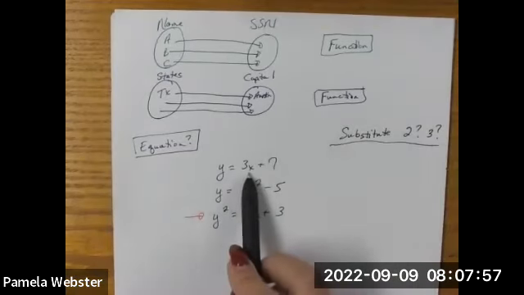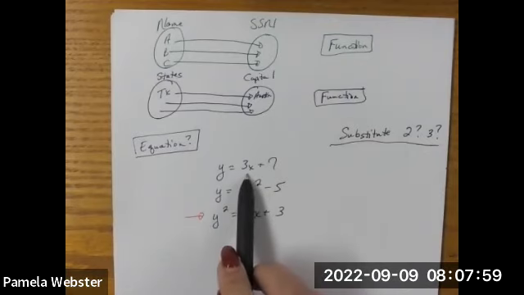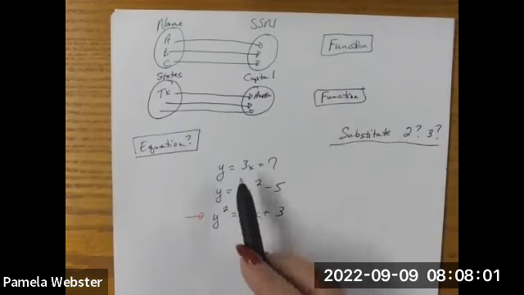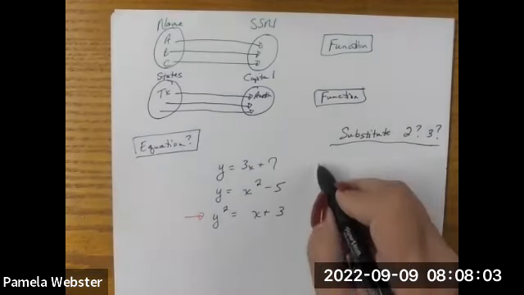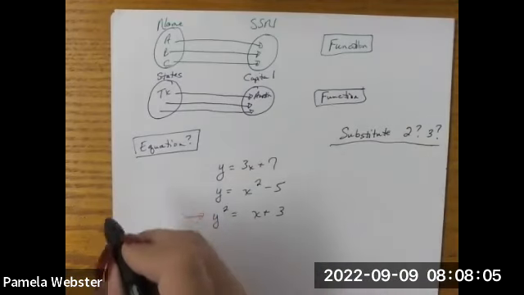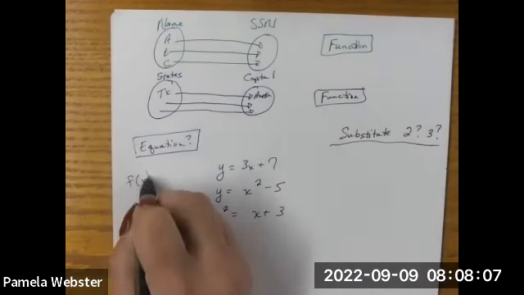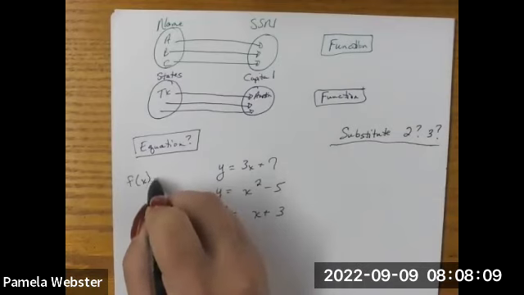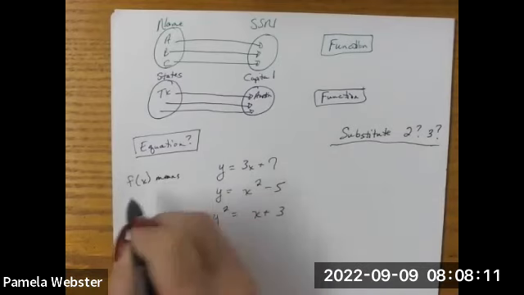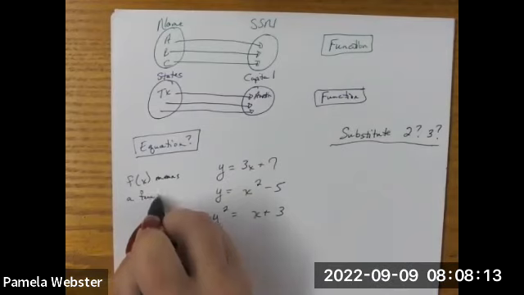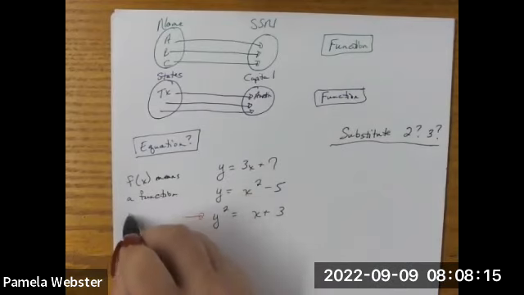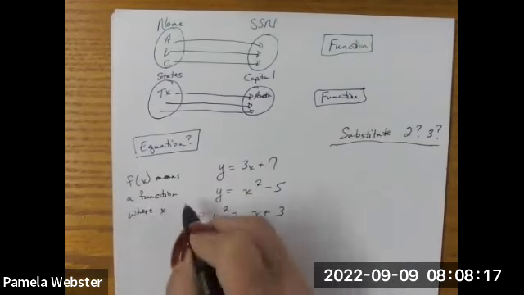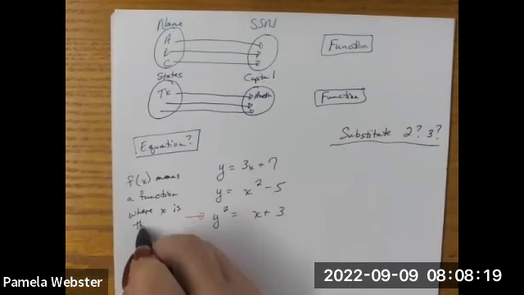So when I put 2 as an input into this function, I'm going to go ahead and introduce some function notation. So f of x means a function where x is the variable.